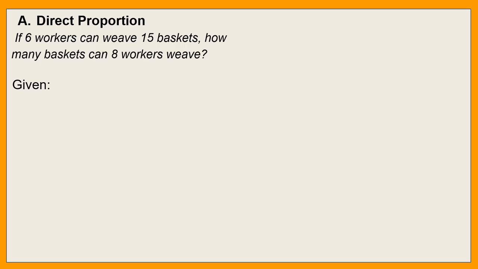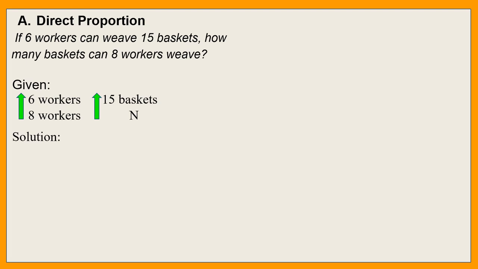Given natin ay 6 workers, 15 baskets. So, 8 workers, and baskets kasi hindi pa natin alam, di ba? So, solve pa natin. Since 8 na ang workers, sigurado, dadami ang baskets na magagawa. So, ito na yung parehong tataas. Kaya siya direct dahil parehong lalaki ang numbers or tataas yung numbers.